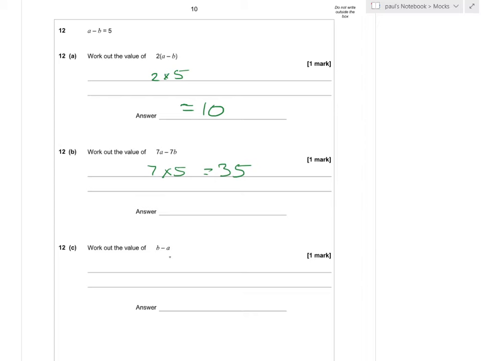What about B minus A? Well, I can rearrange this.